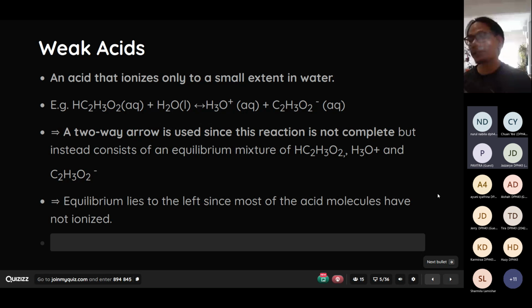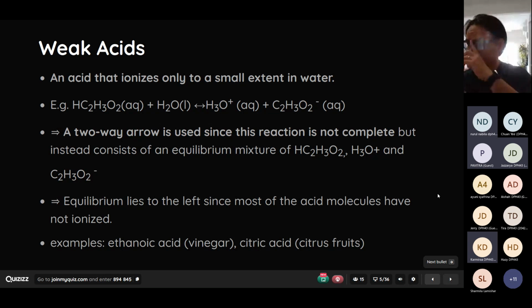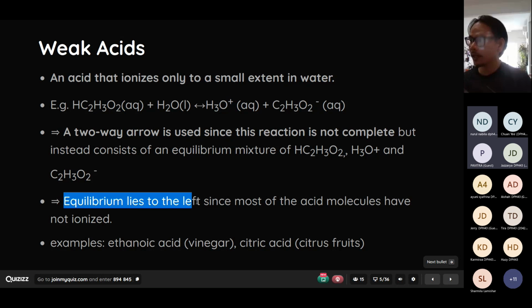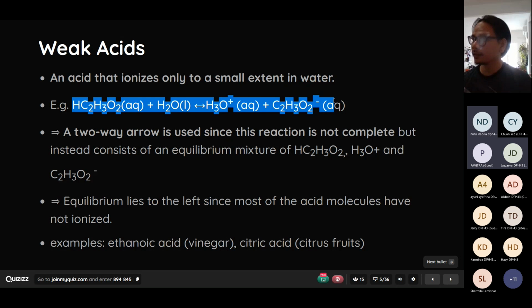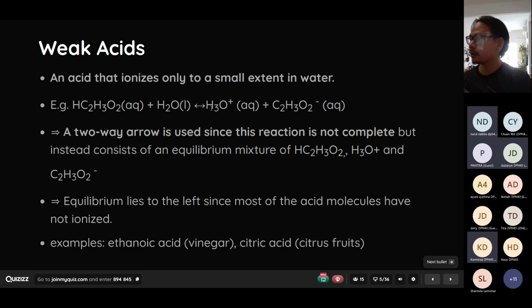So equilibrium lies to the left since most of the acid molecules have not ionized. So maksudnya kat sini apa yang dia kata equilibrium lies to the left, maksudnya bila tindak balas terhasil, tak banyak ion yang akan terhasil sebab ada banyak lagi hidrogen yang tak digunakan dekat sini.